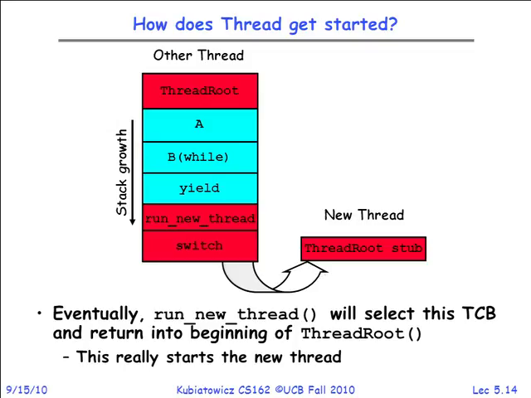Are there any questions? Yeah. Oh, yes. That's a great question. When we get over here, is the PC looking at something that looks like return? And the answer is yes. Can anybody tell me how they know that for a fact?